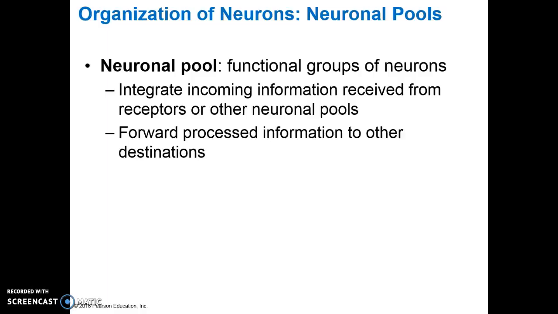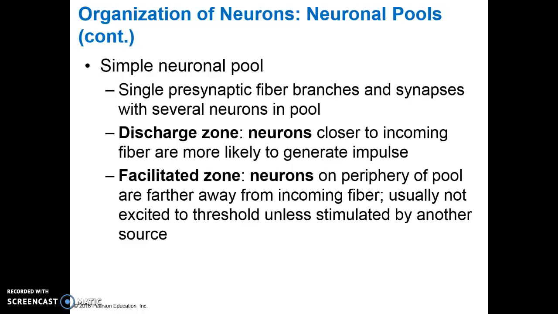So we have this neuronal pool, which are functional groups of neurons that integrate incoming information received from receptors or other neuron pools, and they forward the processed information to other destinations. So it's kind of like a relay station.